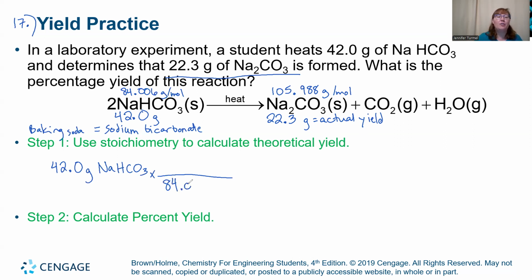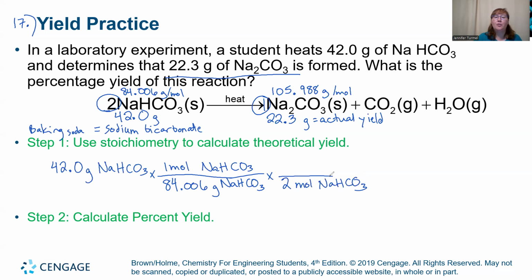So on the bottom, we have our 84.006 grams of sodium bicarbonate per mole. And then the next thing that we always use is our mole ratio. We have 2 moles of our sodium bicarb and an understood 1 here. So we put 2 on the bottom, and we put the 1 that goes with our product on the top, Na2CO3, sodium carbonate.